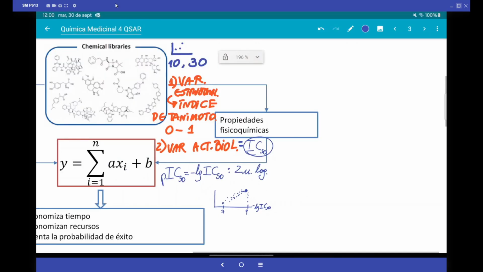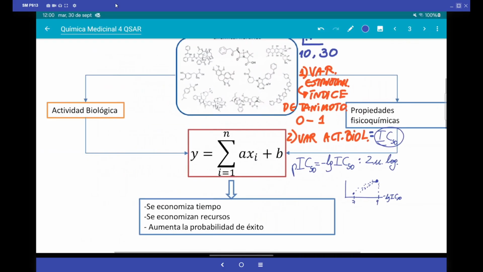We then are going to graph biological activity versus physical-chemical properties, or structural properties or fragments, and our efforts are going to be focused on how these 2 things are going to be mixed to obtain a regression of the type Y equals the sum of X sub i plus b, where the X sub i are the different physical-chemical properties, and we are going to have different coefficients.